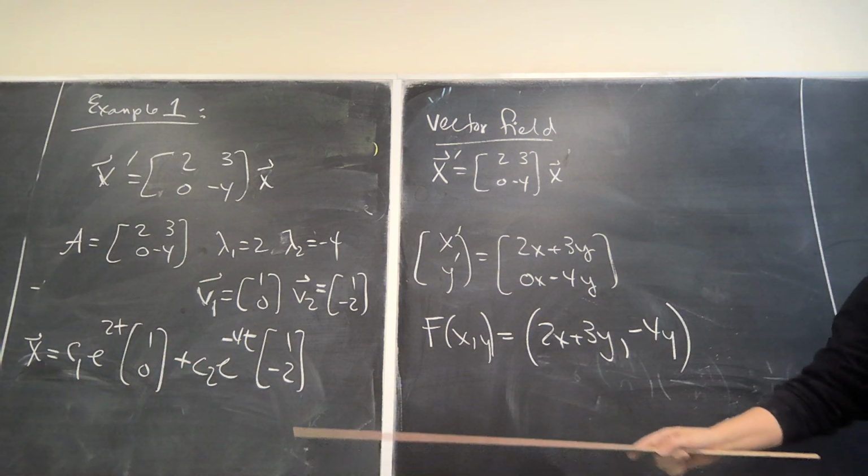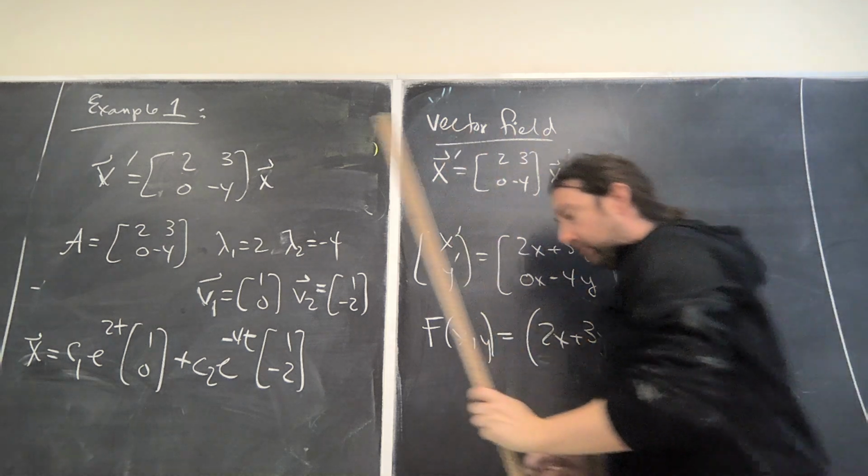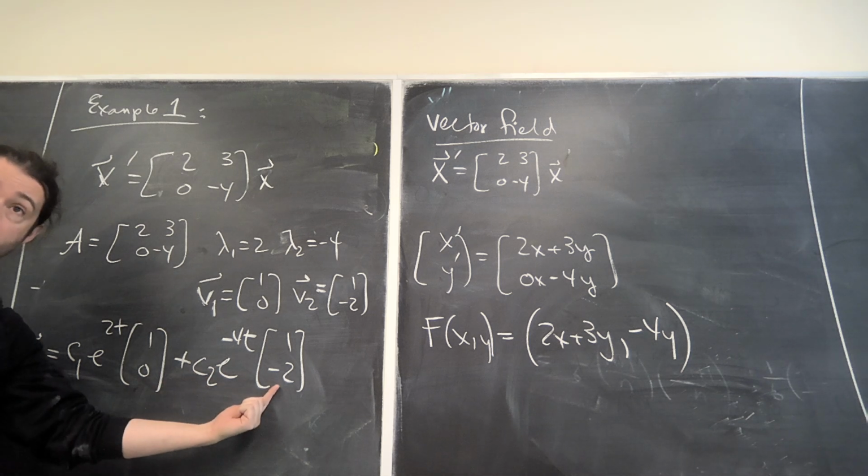And the other straight line solution, let's say 1, negative 2, is the line dictated by the other eigenvector. So the first thing this solution structure is telling you is that whatever you're doing, you are traveling in a combination of along the line dictated by this vector and along the line dictated by that one.